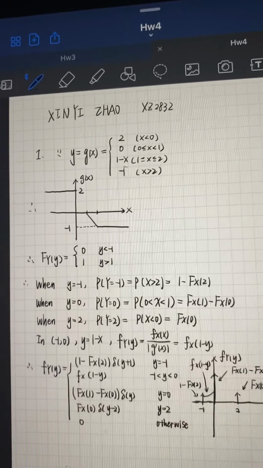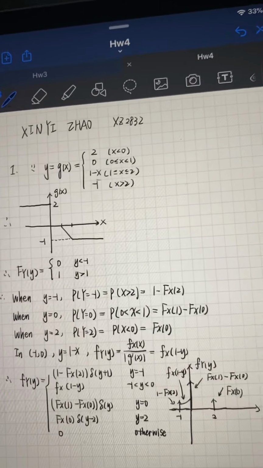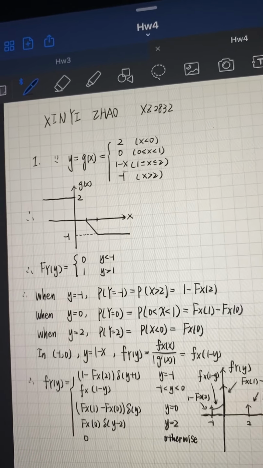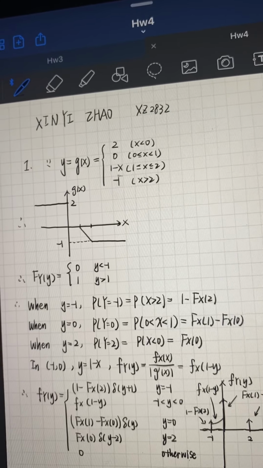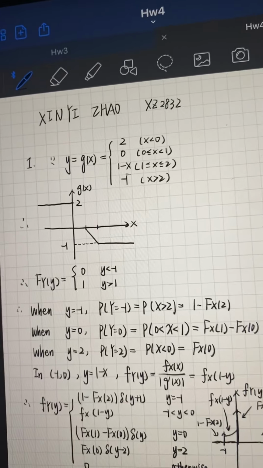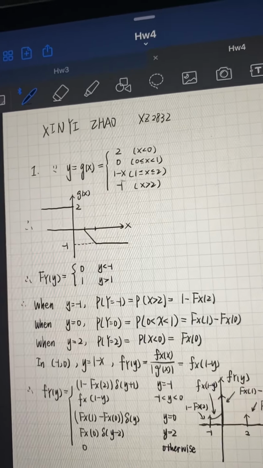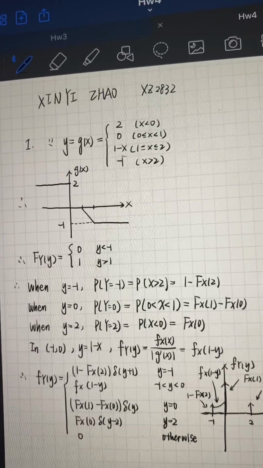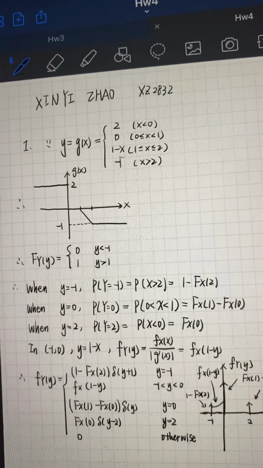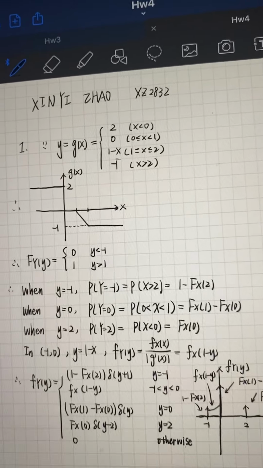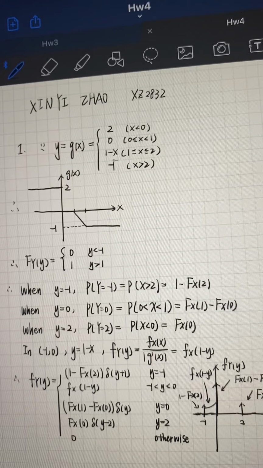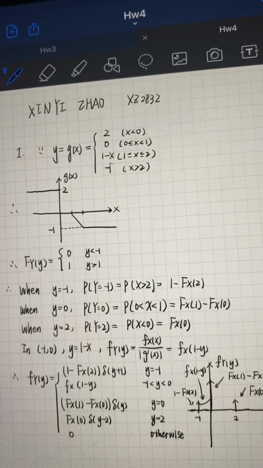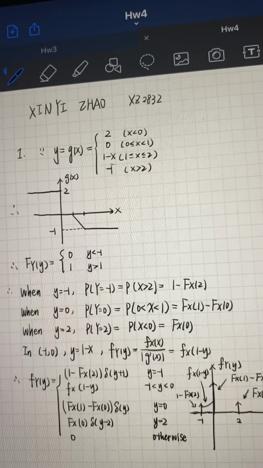We can easily get this from the picture we drew above, and thus the probability is 1 minus upper fx 2. When y equals 0, we calculate the probability of y equals 0, which equals P(x between 0 and 1).